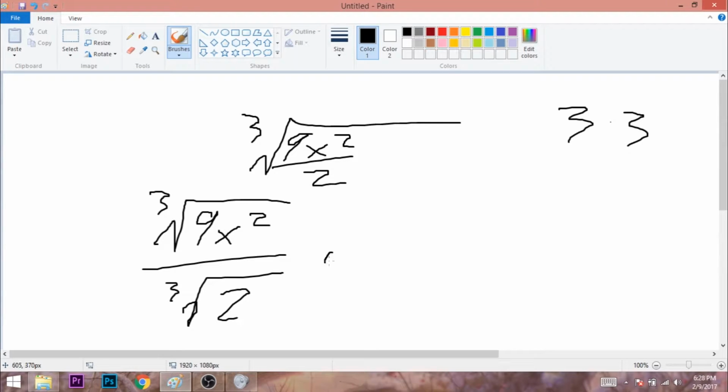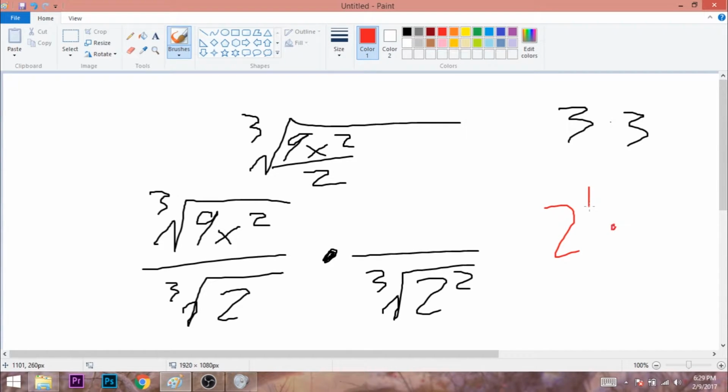Now, how am I going to solve this? First, I'm going to multiply in order to get out the radical on the bottom. So I'll multiply it by the cube root of 2 to the second. Why 2 to the second? Because what you're doing is 2 to the first times 2 to the second.